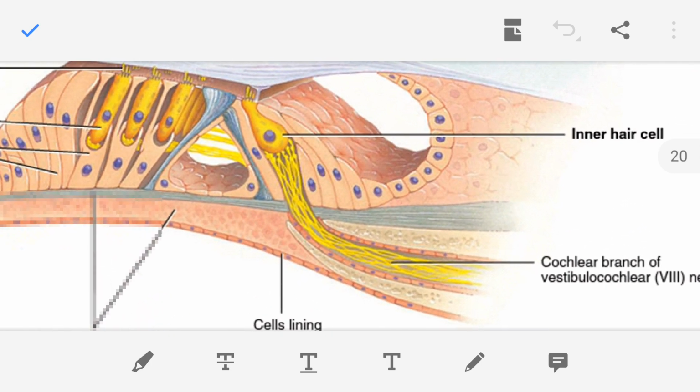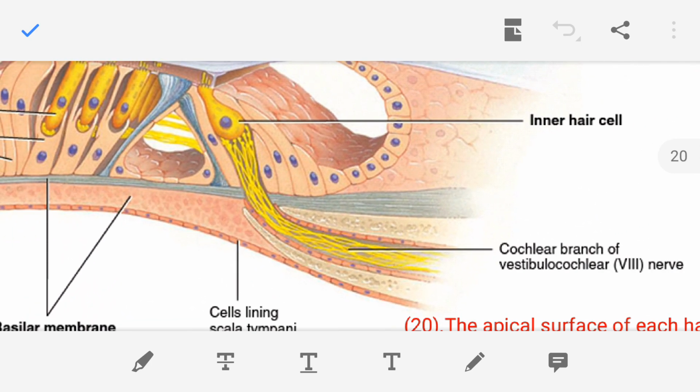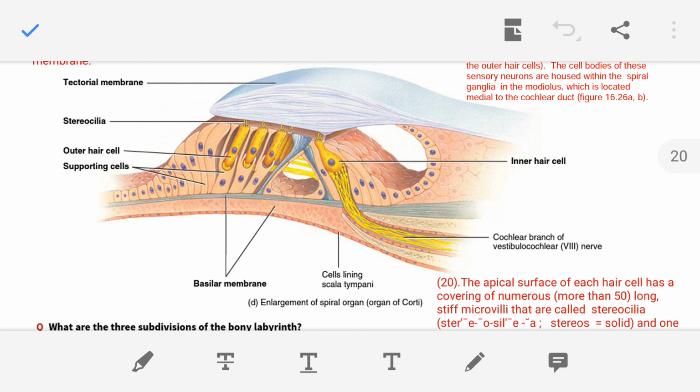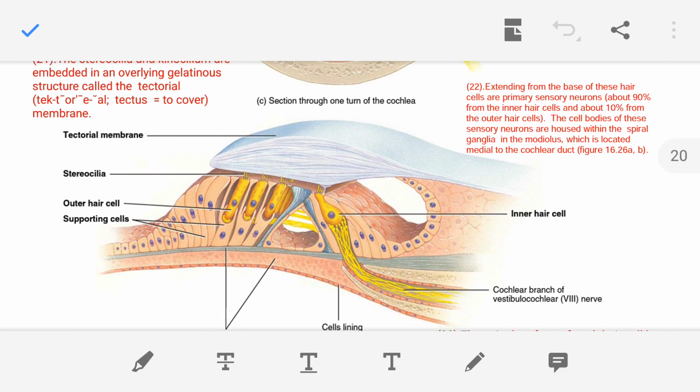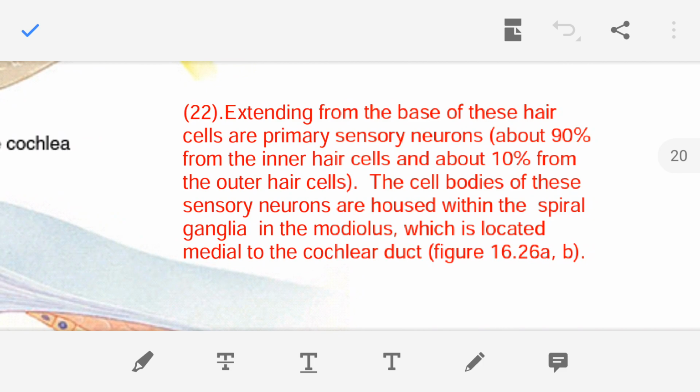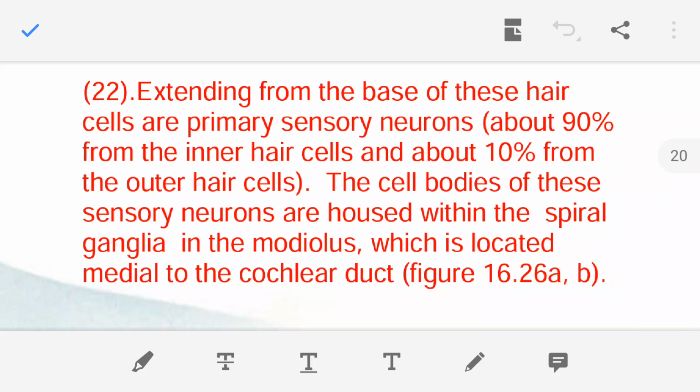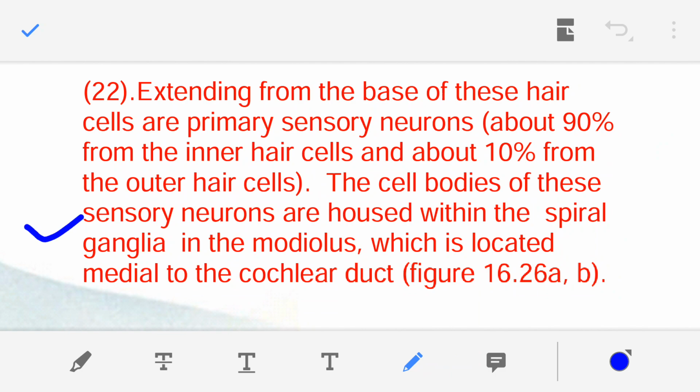Now these are neurons, that means they have the fiber and the body or soma. So where are the somas of these primary sensory neurons present? The cell bodies of these sensory neurons are housed within the spiral ganglia in the modiolus. So we have already seen modiolus in the cochlea, in the center.